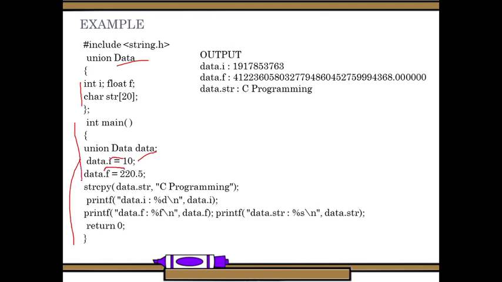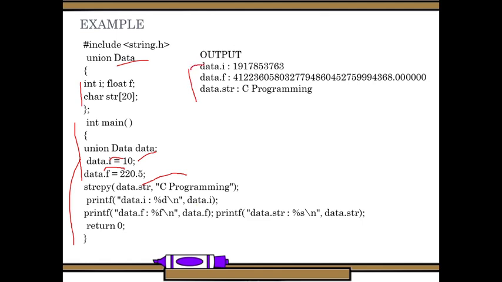Values were assigned for these. Then strcpy, that is string copy, data.str, where str is this variable, with the string C Programming. Then printf: what is data.i, what is data.f, what is data.str? So it is going to have this result.